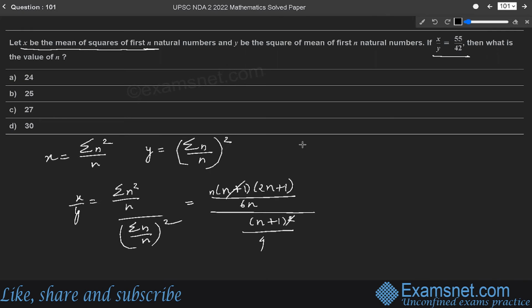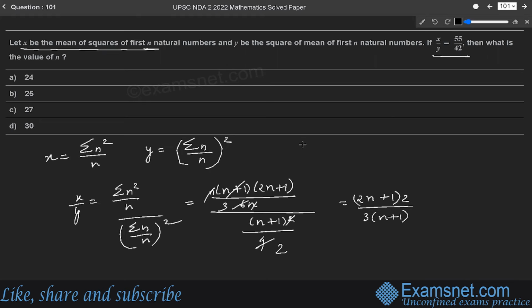N plus 1 and n plus 1 will be cancelled. Then this n and n will be cancelled. This will be 2 and this will be 3 by the table of 2. Then the remaining terms will be 2n plus 1 into 2 upon 3 into n plus 1.